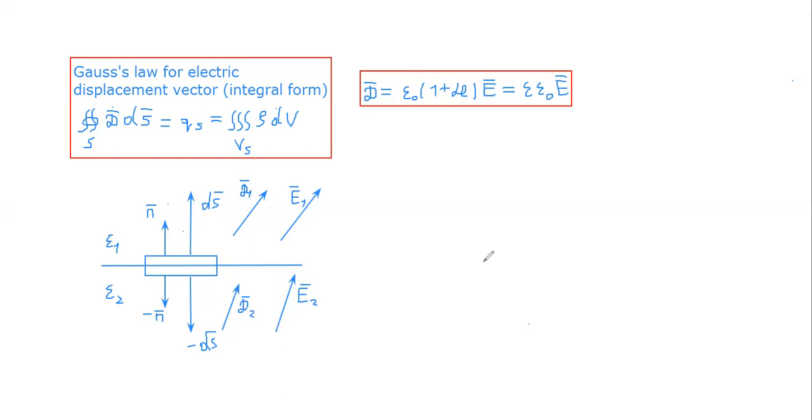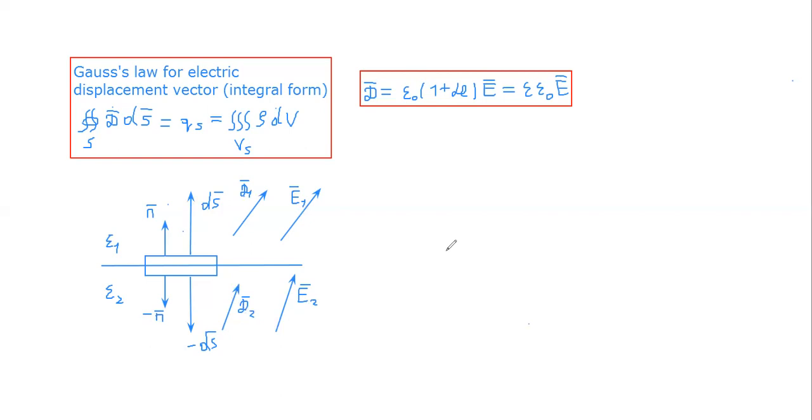Unit normal vector n: the modulus of vector n is equal to 1, and the direction is perpendicular to the border between two dielectrics.